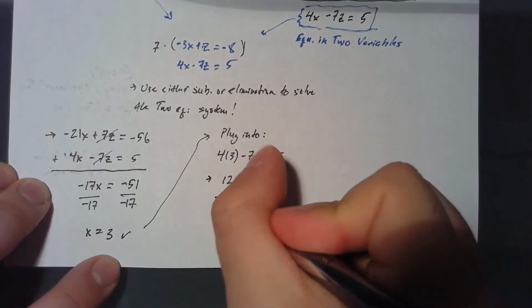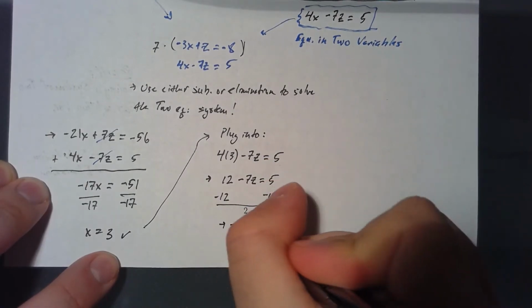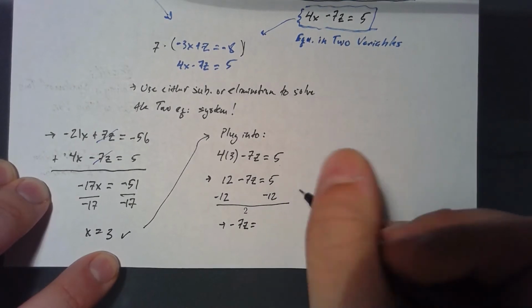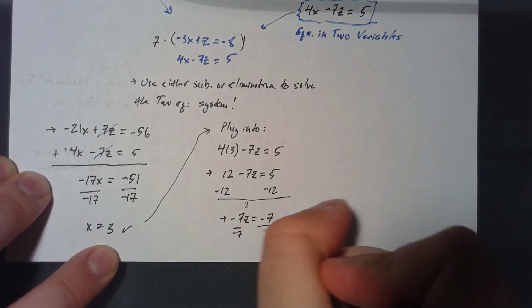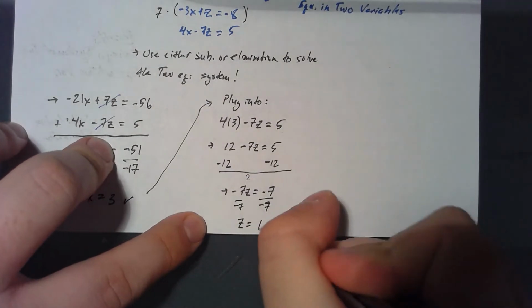Subtract 12 from both sides. So I have negative 7z equals 5 minus 12, which is negative 7. Divide by negative 7, and z equals 1.